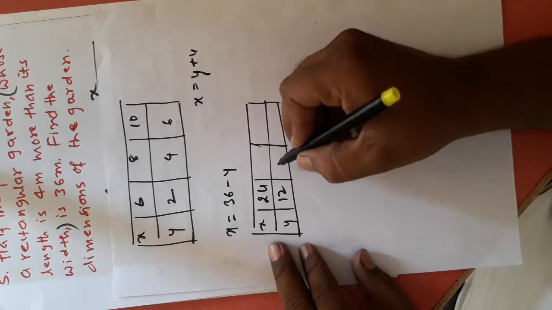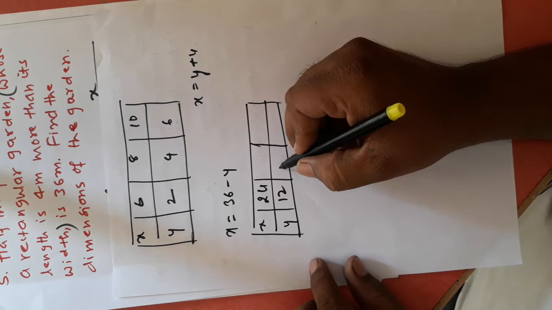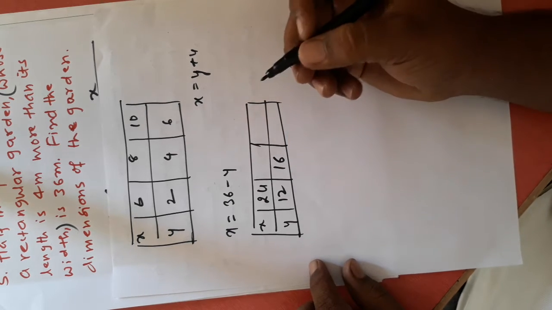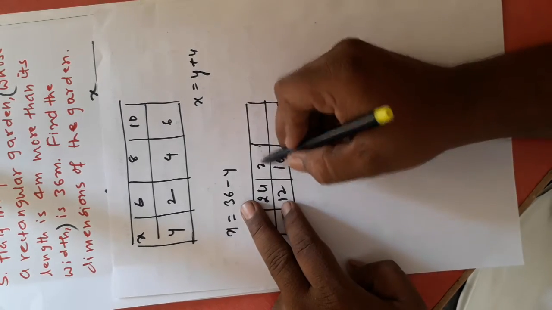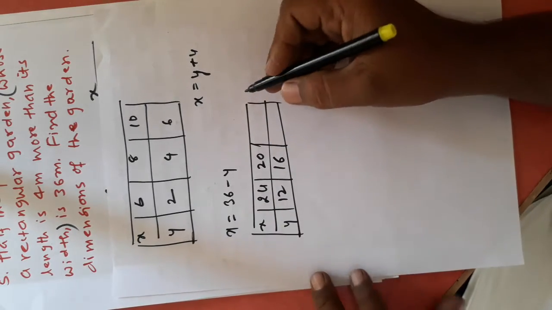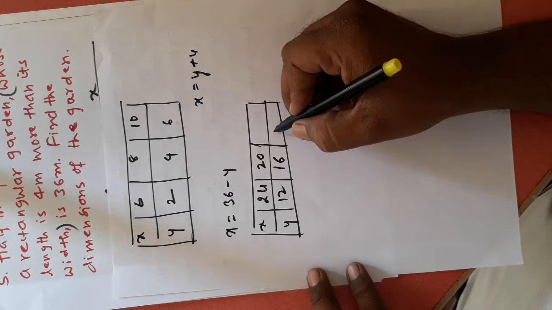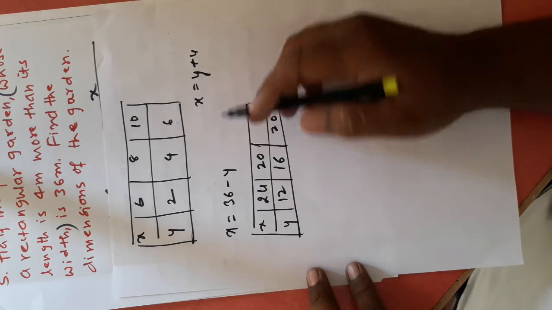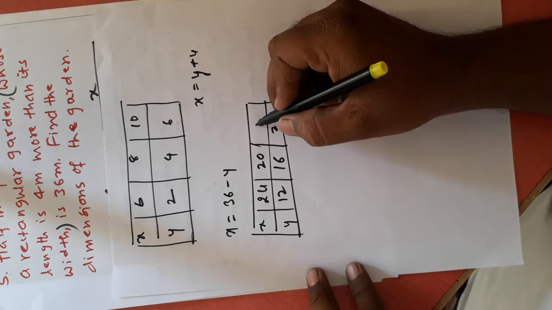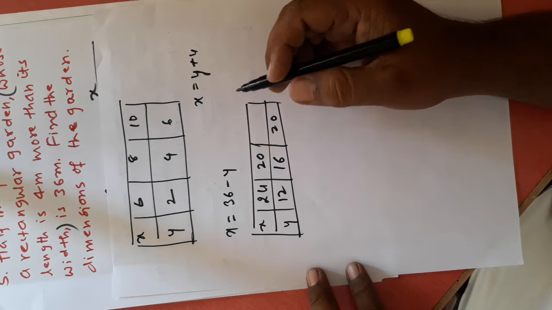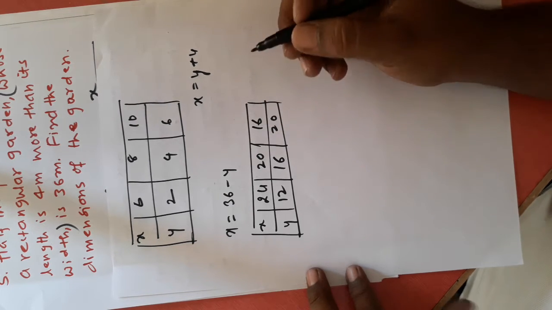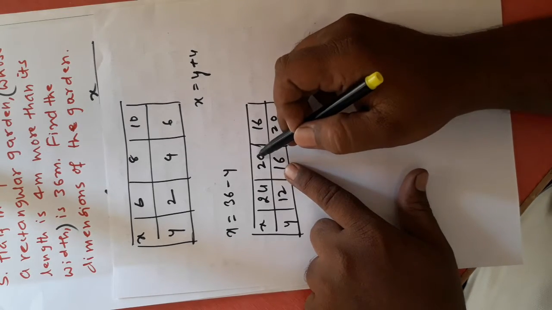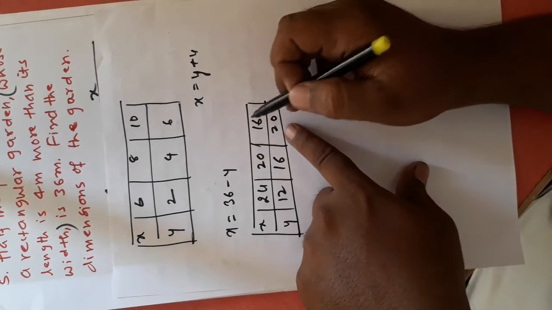If I take y is equal to 16, then x will be 20. If I take y is equal to 20, then 36 minus 20 will be 16. Follow this: y 16, x 20; y 20, x 16.